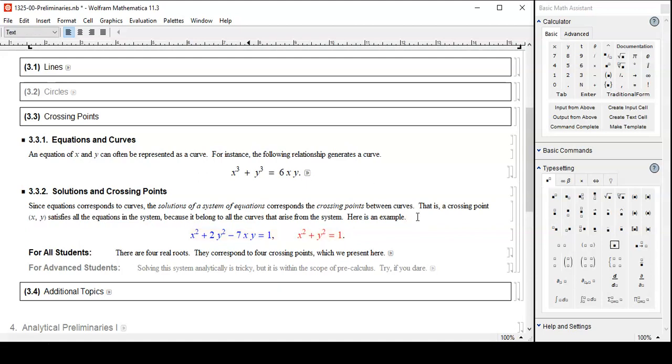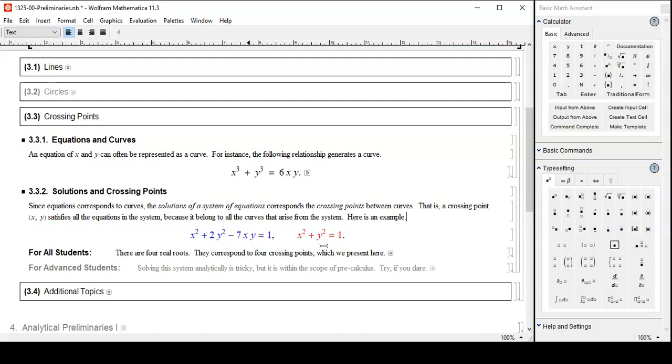In that case, the solution of this kind of system of algebraic equations represents the point where both of these equations are true, but this equation is a curve or several pieces of curve. That equation is also a curve or several pieces of curves.